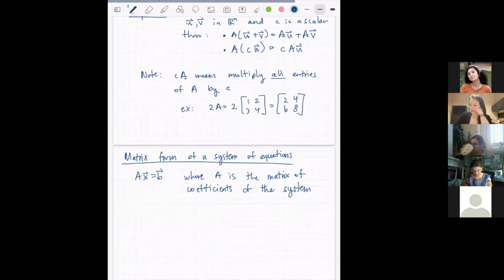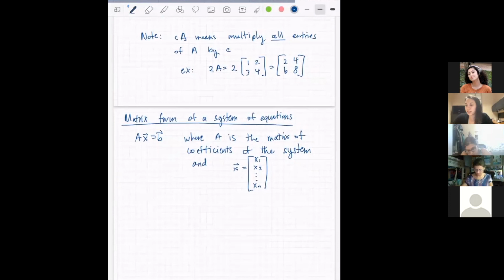And what we've done here when we write X is we've just taken all of the variables and stuck them into a vector. So this X will be X1, X2, up to Xn, however many variables we have in our system, right?